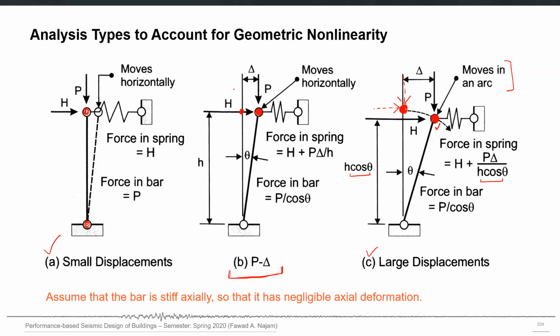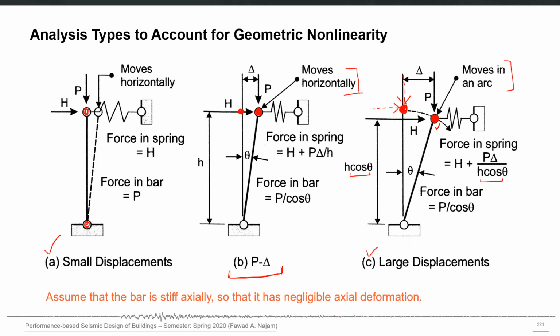If you use the assumption that this point moves horizontally and doesn't rotate in an arc, and apply the equilibrium equation in the deformed configuration, you will get the force in the spring as H plus P into delta over small h, no cos theta this time, and the force in the bar will be P over cos theta, which is the same as the large displacement case. So you can apply the equilibrium equation for all three cases and come up with these two forces, the force in the spring and the force in the bar.